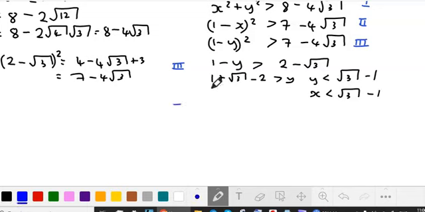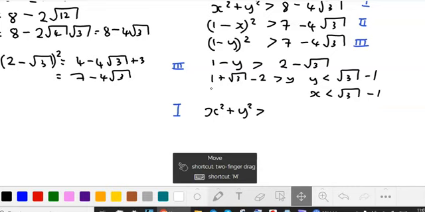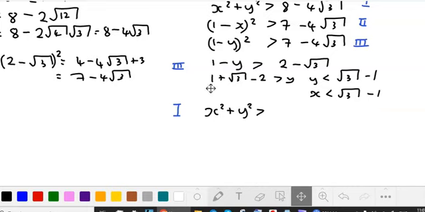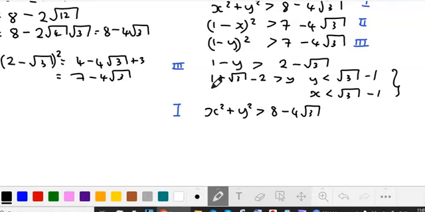Now, according to equation 1, x squared plus y squared is greater than 8 minus 4 root 3, which would mean that if we now look at the results I obtained here, we have (root 3 minus 1) squared plus (root 3 minus 1) squared.